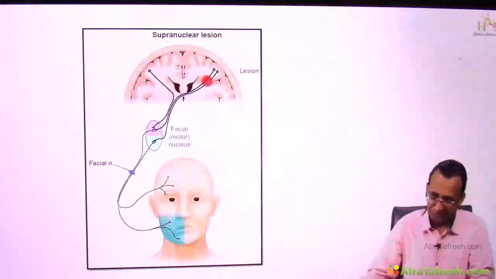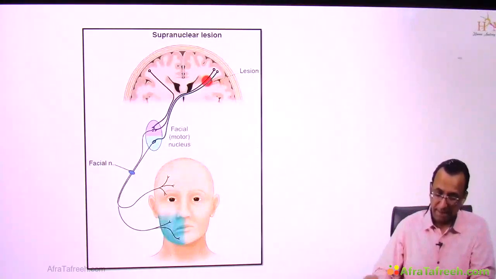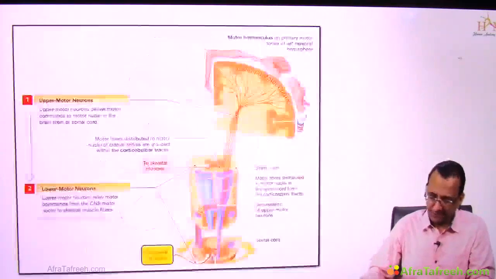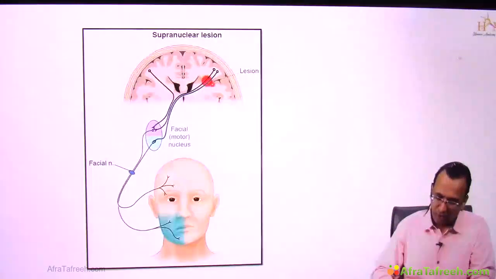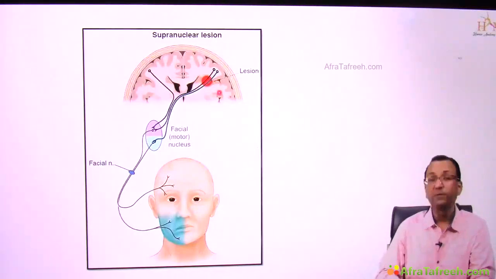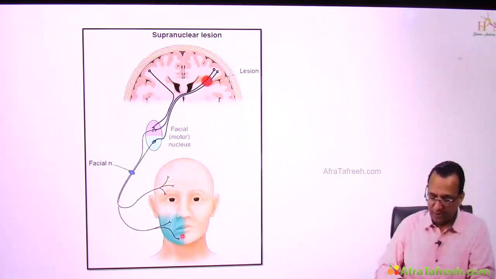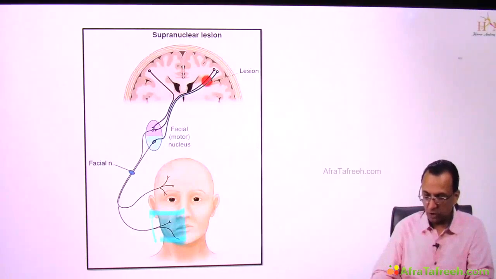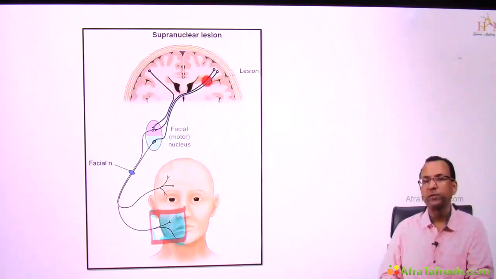Yeah, let us see. My point is that if I am talking about a lesion in the genu of the internal capsule on the left side, there will be only lower face involved on the right side. Only lower face involved on the right side. Why only lower face? Why not the upper face?